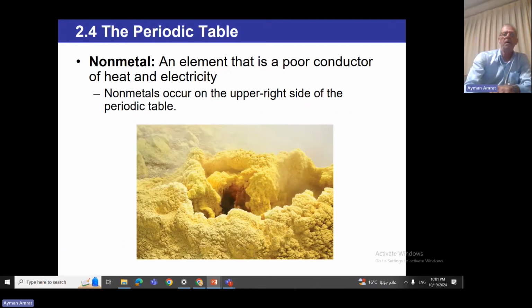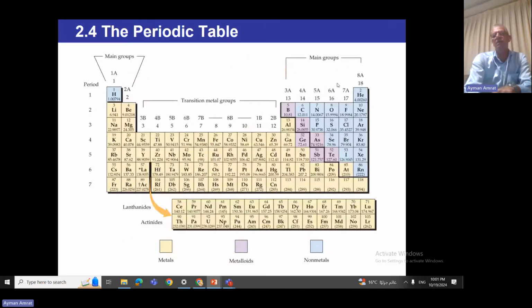They are 7 or 6 elements: boron, silicon, germanium, arsenic, and so on. These 6 elements are called metalloids because their properties are intermediate between metals and non-metals.